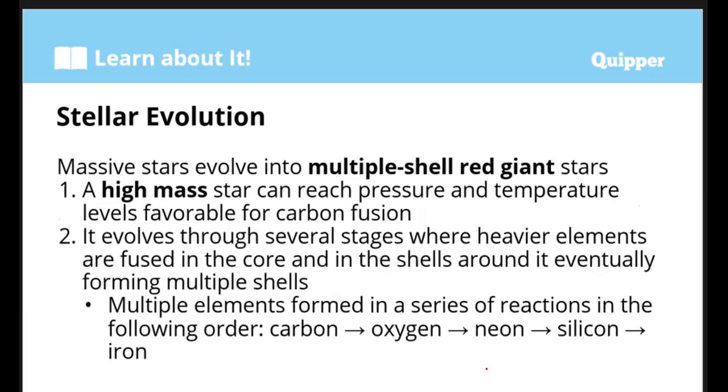multiple shell red giant stars. So a high mass star can reach pressure and temperature levels favorable for carbon fusion. It evolves through several stages where heavier elements are fused in the core and in the shells around it, eventually forming multiple shells. So the multiple elements form in a series of reactions in the following order: from carbon to oxygen to neon to silicon and to iron.